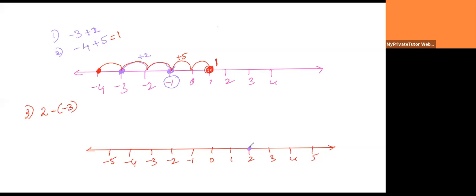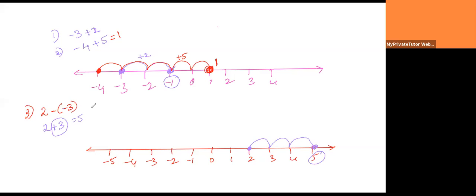Minus in a sense means the left side, but we have one more minus, right? So 2 minus of -3 is nothing but 2 plus 3. Hope everyone agrees. So 2 plus 3 means the right side, because we have a plus 3 here. So 1, 2, 3. We got the answer as 5.